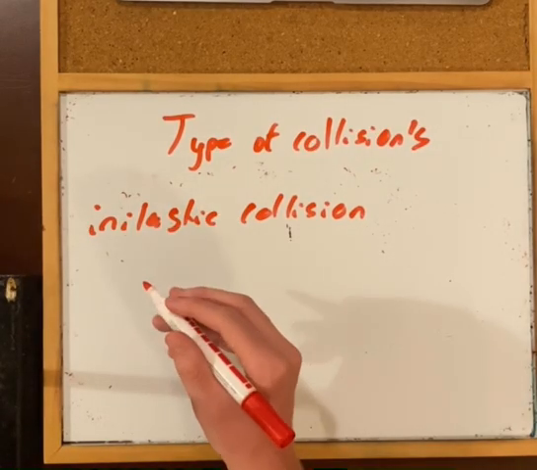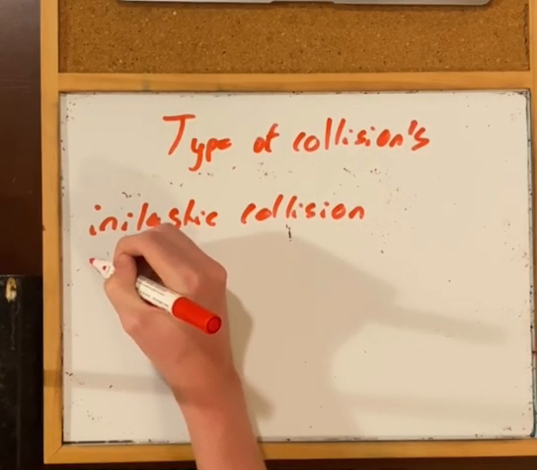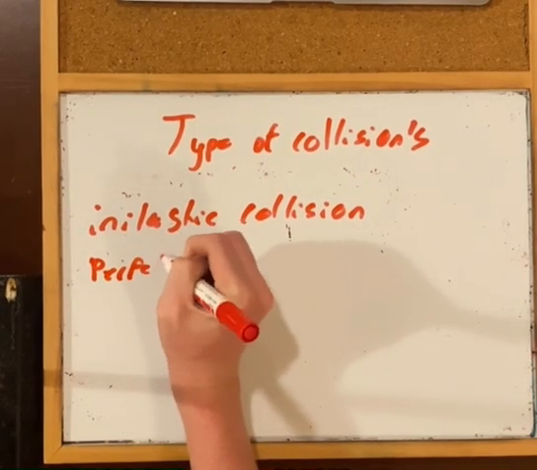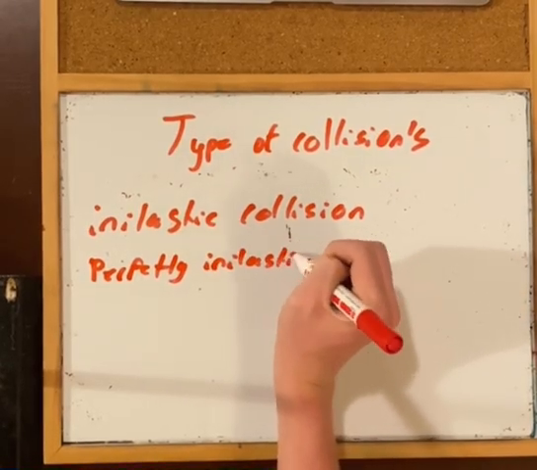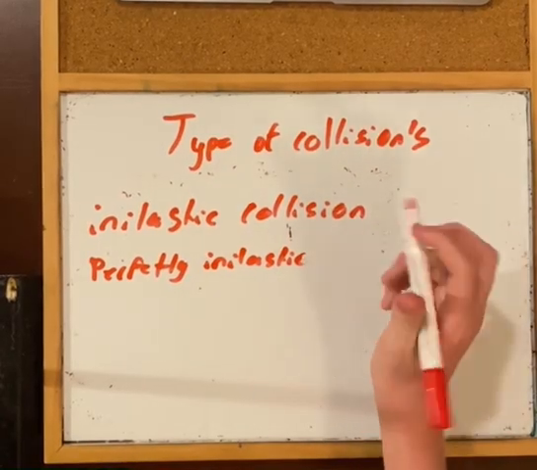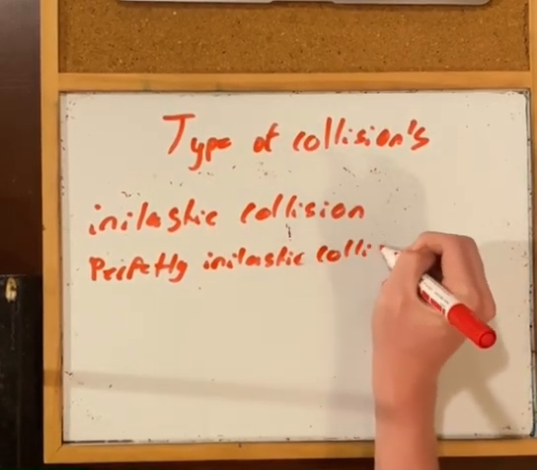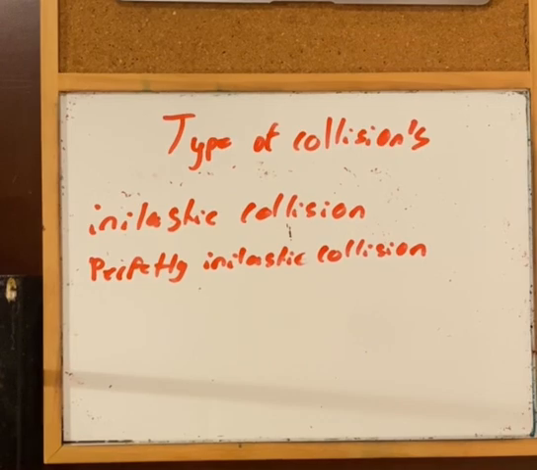Our second type of collision is the perfectly inelastic collision. A perfectly inelastic collision is when objects stick together after they collide. Momentum is conserved and kinetic energy is not conserved.